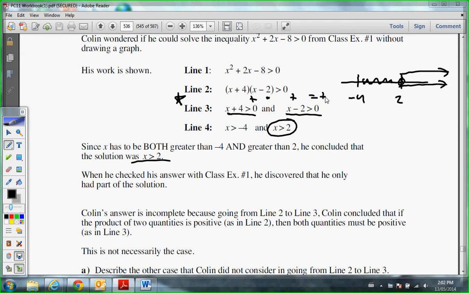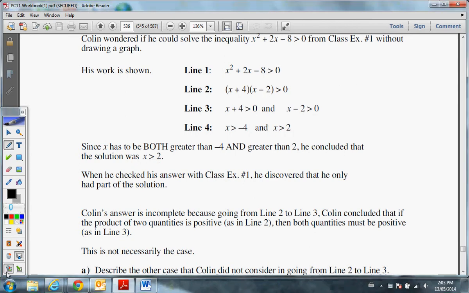Well, that's what we want, something greater than 0. But there is another way to get a positive answer, and it would be negative times a negative. So in order for Colin to finish, he's going to have to flip his inequalities to make them say less than 0, because minus times a minus is a positive. We'll do that here in a second.